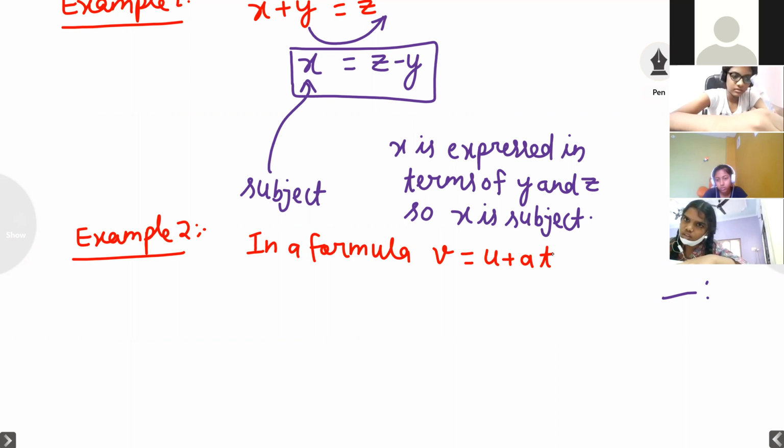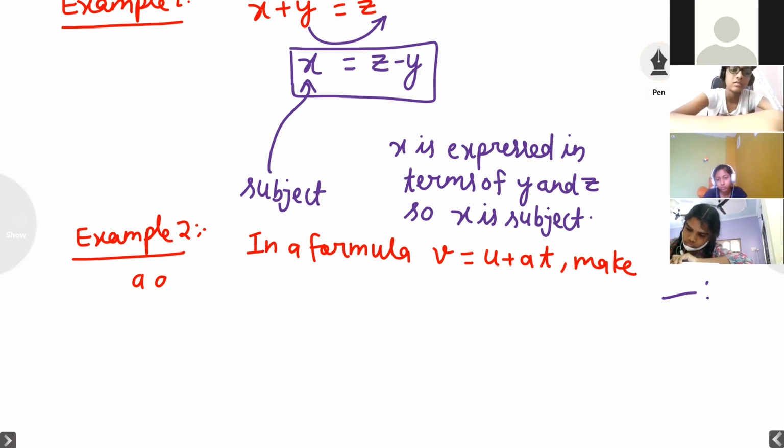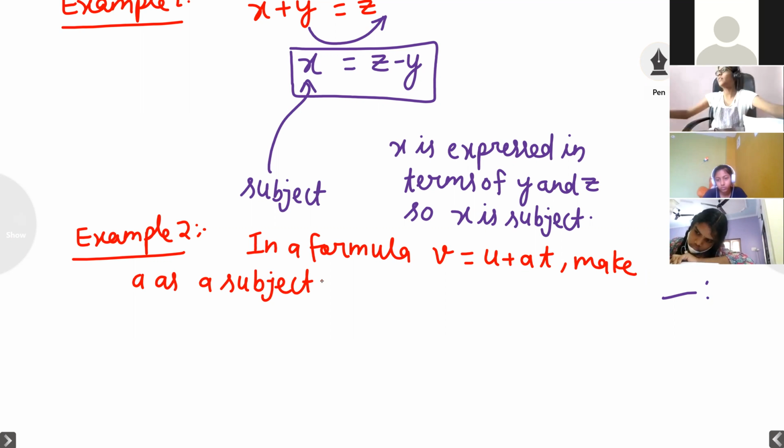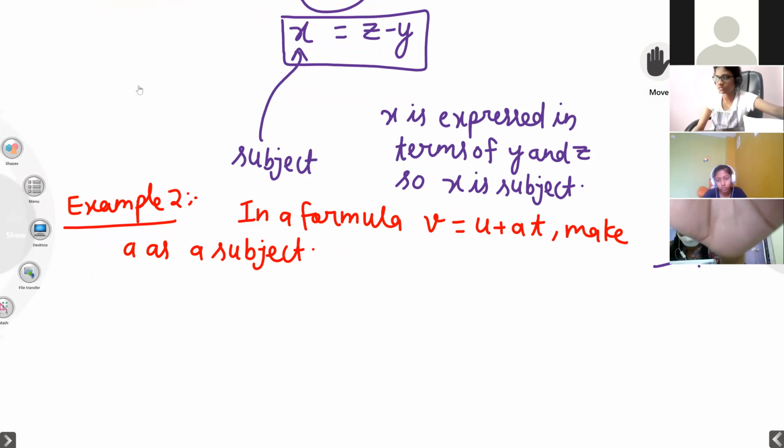First law of motion. v is equal to u plus at. Make a as a subject. v is equal to u plus at. Make a as a subject.